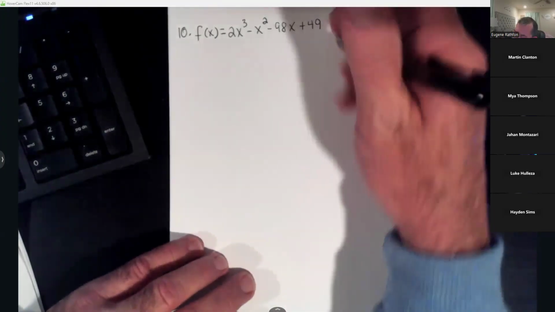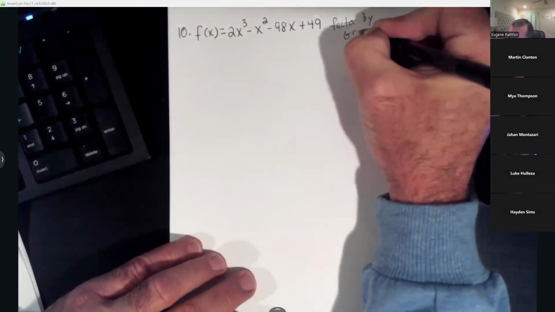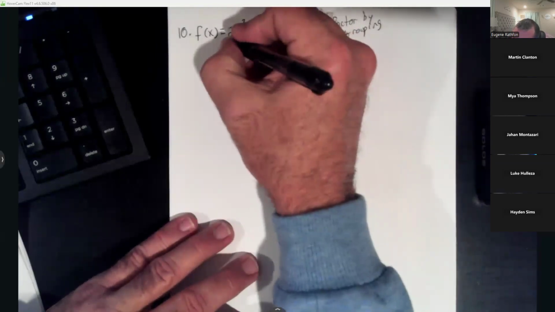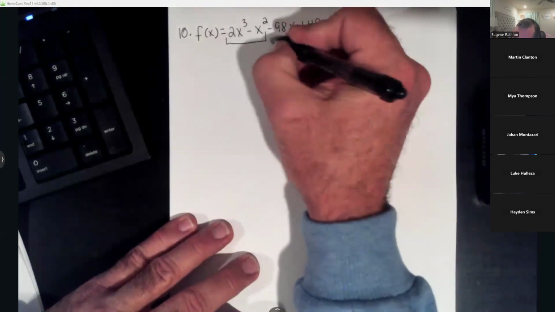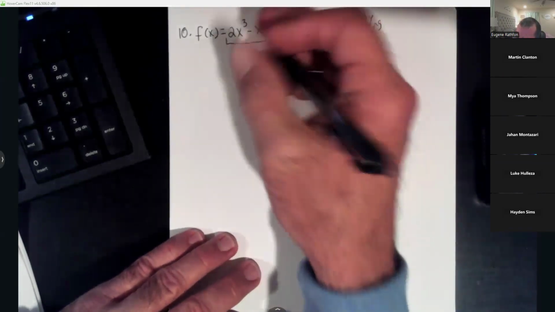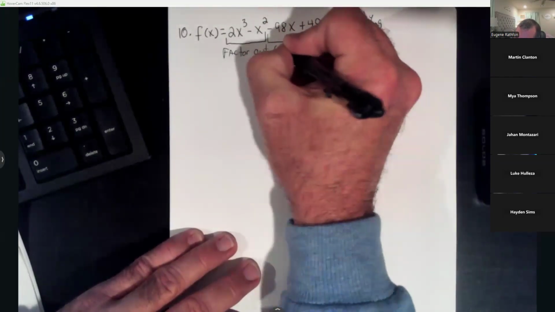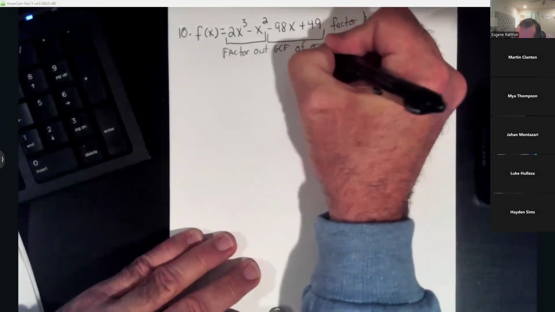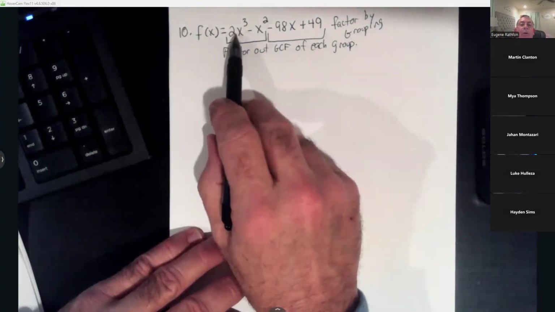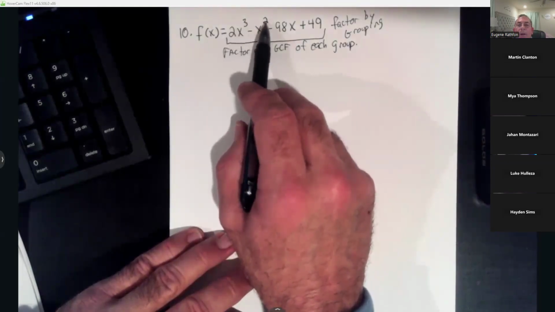All right, so remember, I'm going to factor by grouping again, which means we'll factor the first two terms together, and then the last two terms. At this point, we're going to factor out our GCFs of each group. You got a 2x to the third minus an x squared.